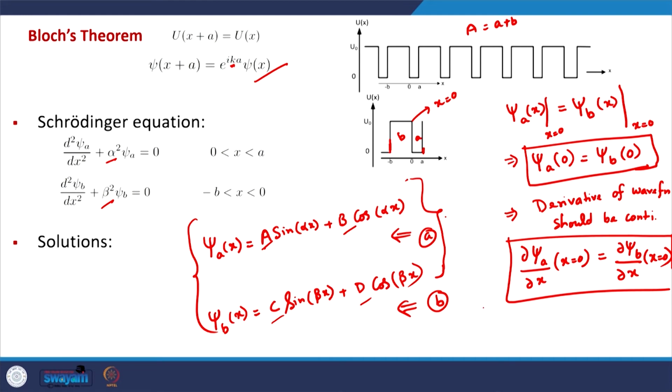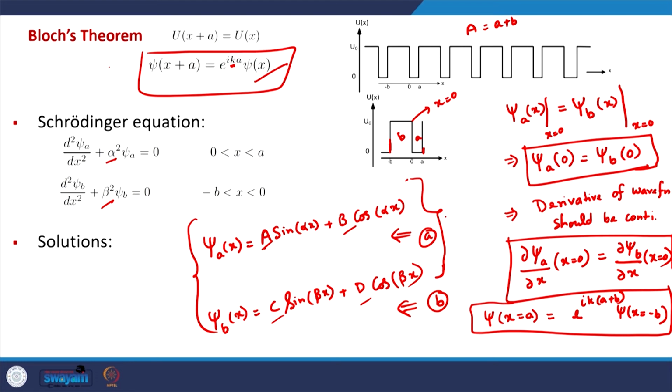So what it means is that psi at x equal to a is psi at x equal to minus b times exponential i k (a plus b). This comes from the statement of Bloch's theorem.